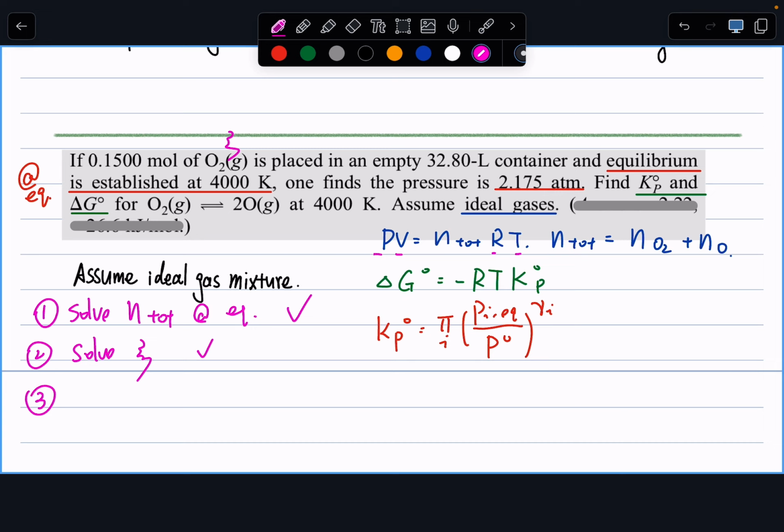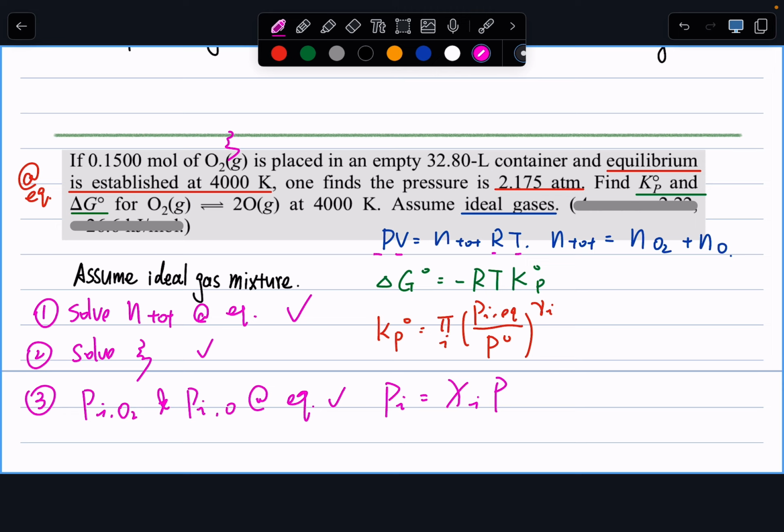Thirdly, once we solve the extent of reaction, we know how much oxygen has been converted to elemental oxygen, right? So in this case, we can find the Pi of O2 and the Pi of elemental oxygen at equilibrium. So Pi equals the mole fraction times the total pressure, right?